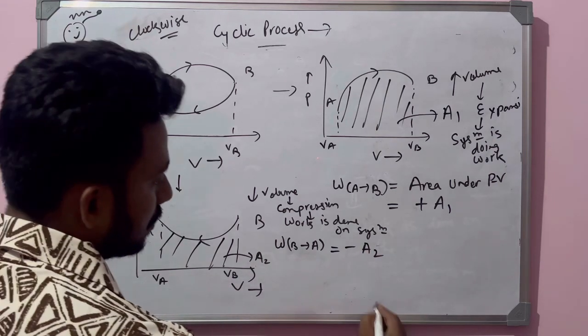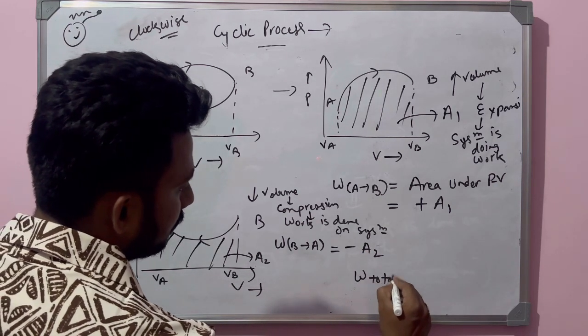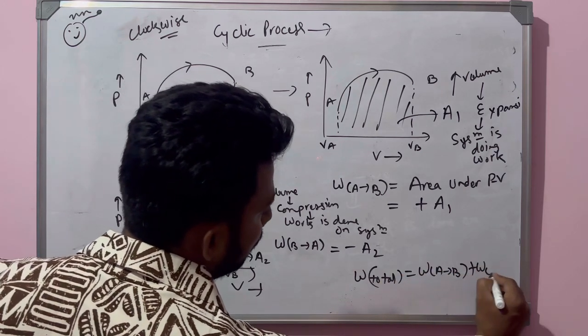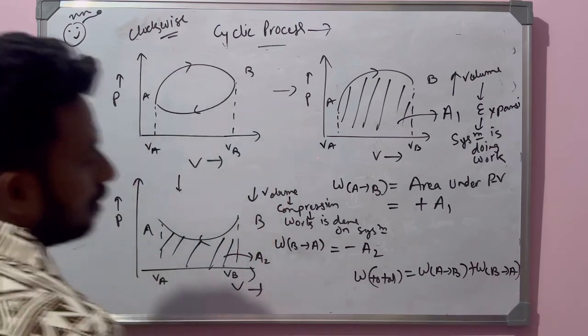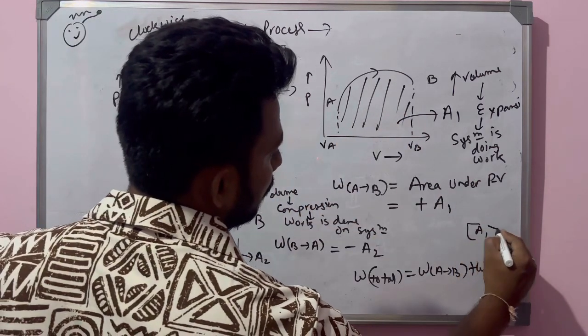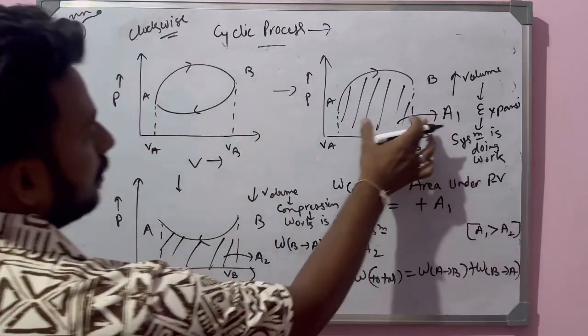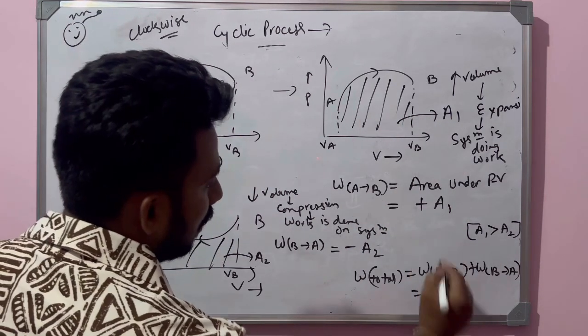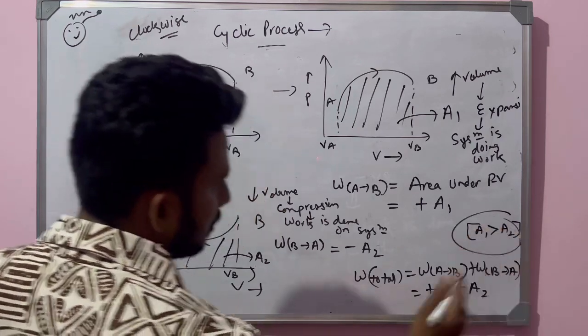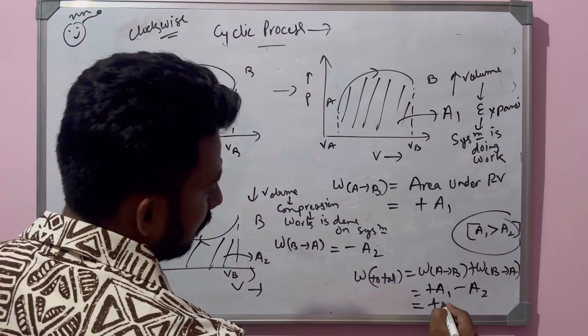Now if I combine these two, if I ask you what is total work done, you will say work done from A to B plus work done from B to A. Now if you see magnitude wise, A1 is greater than A2. Graph में if you see area wise, A1 is greater than A2. So you have plus A1 and this is minus A2. Magnitude wise is this. So you can say overall some positive value.